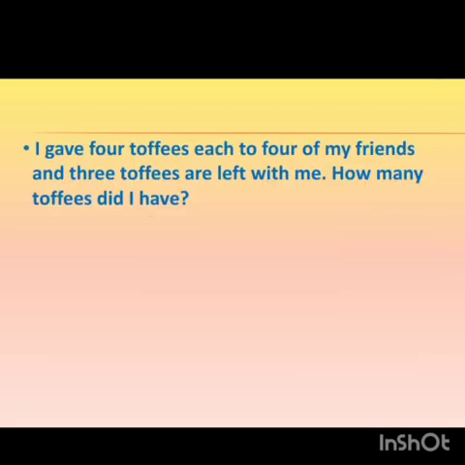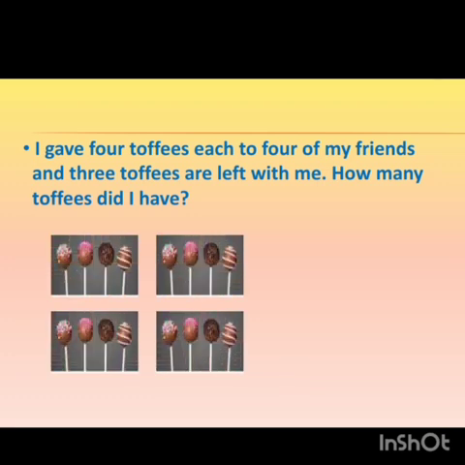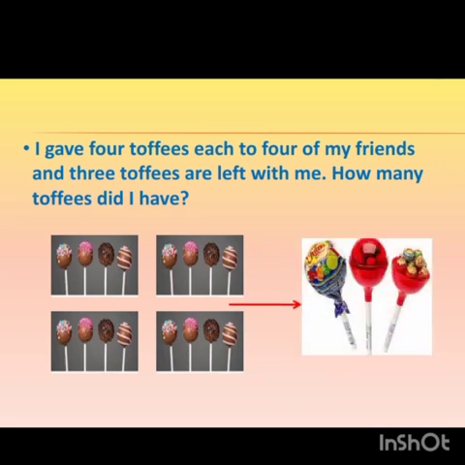Now come to the next question. I gave 4 toffees each to 4 of my friends and 3 toffees are left with me. How many toffees did I have? Now it is a situation and we have to find out how many toffees I had.